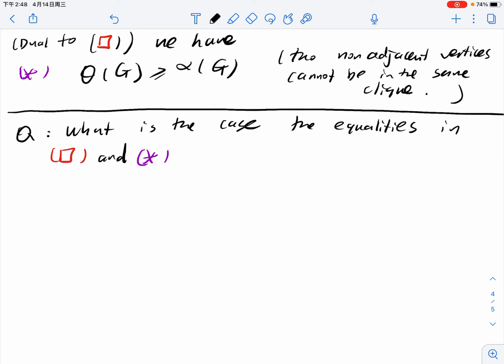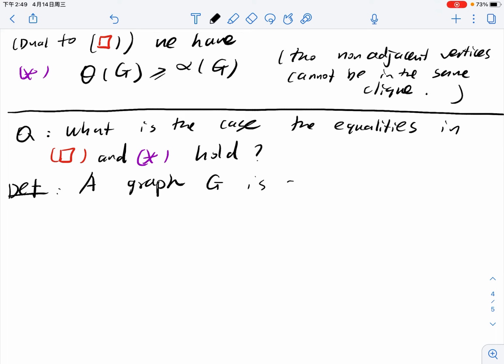Finally, I know how to pronounce this symbol, asterisk. So to deal with this, we introduce a notion called perfect.